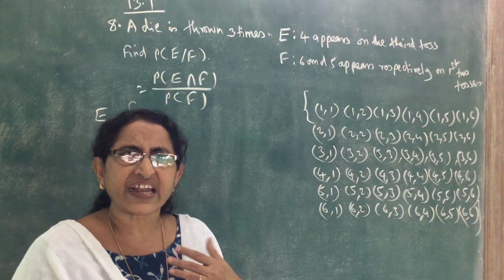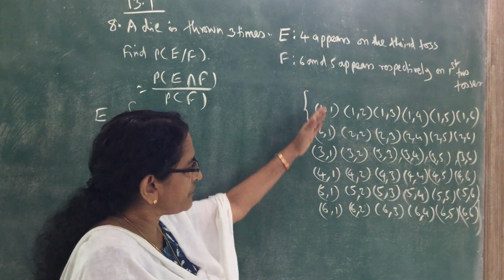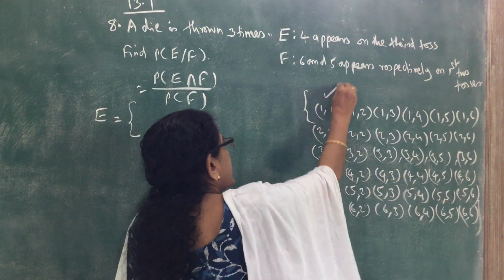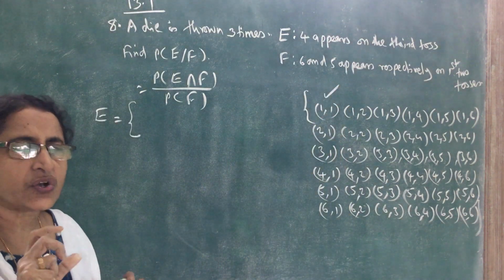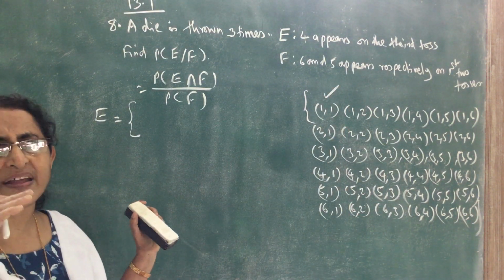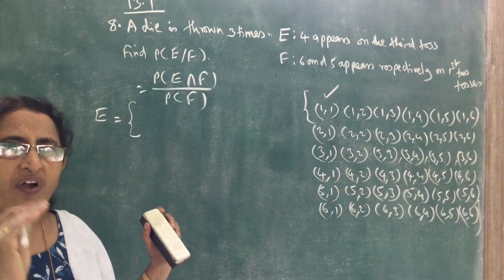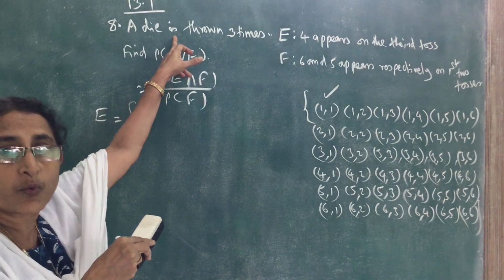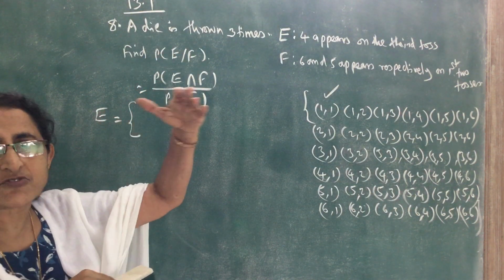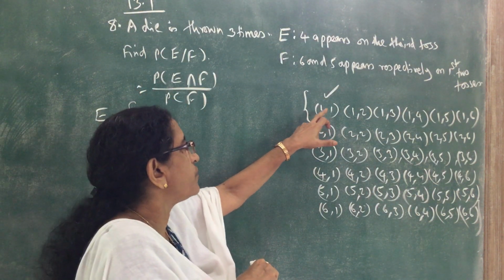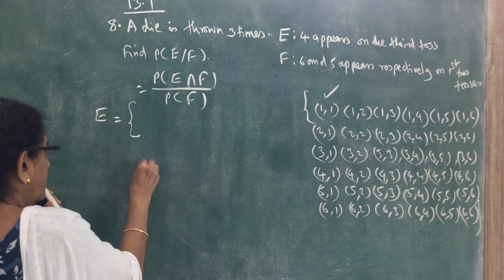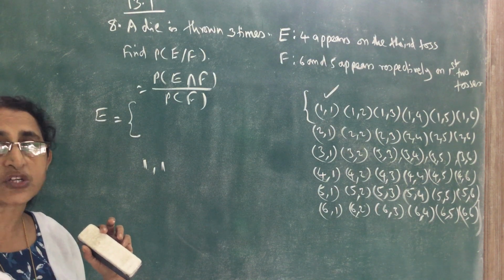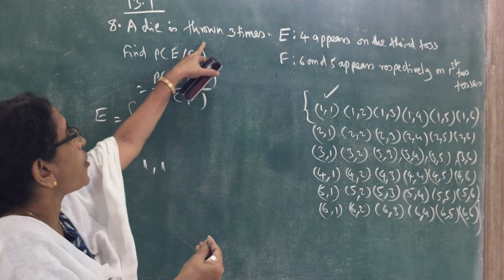So a die thrown 3 times means, when we consider each element in this, consider the element 1, 1. What will be the elements corresponding to 1, 1? Starting with 1, 1, how many elements will be there in the required sample space? First element 1, second element 1, and the next element represents the third toss because the die is thrown 3 times.